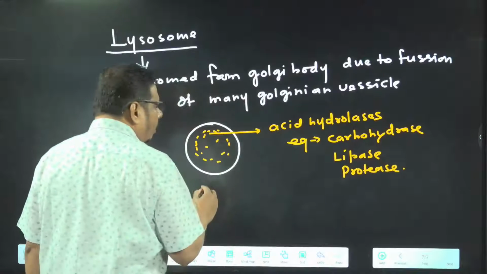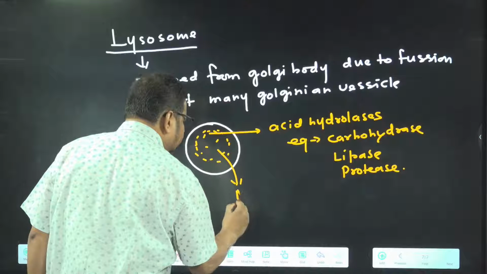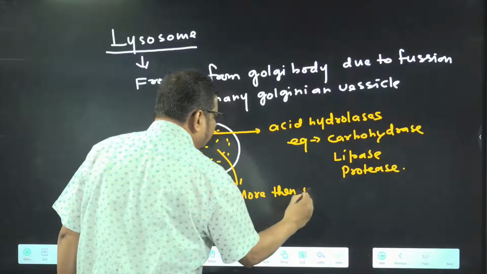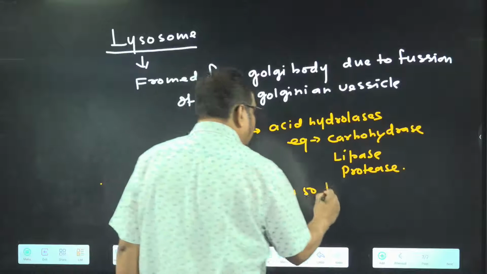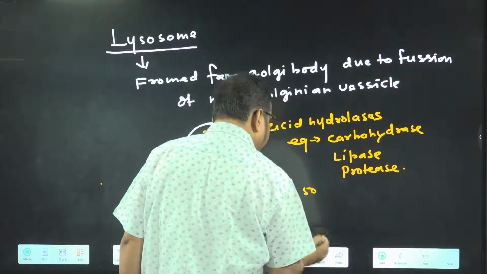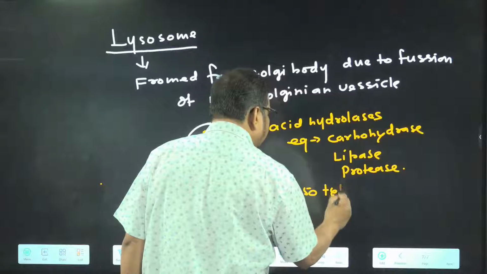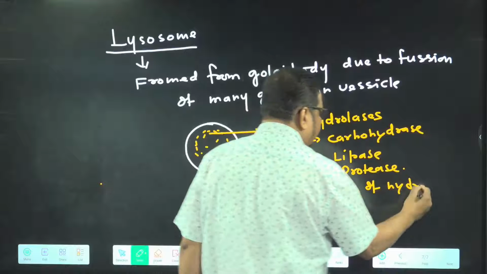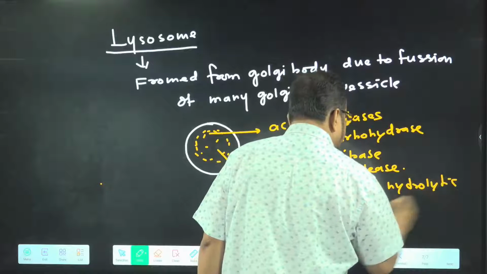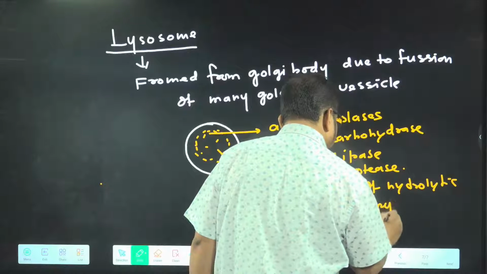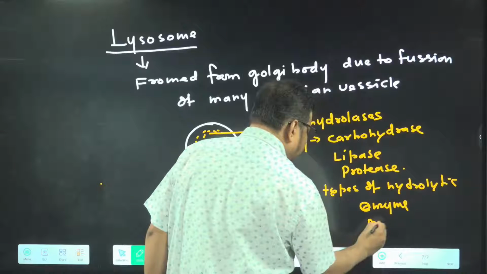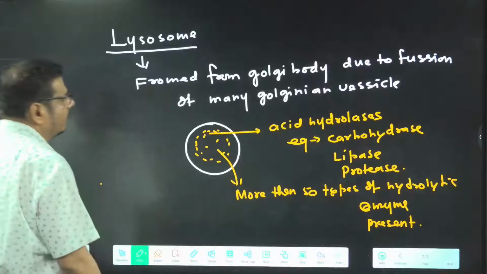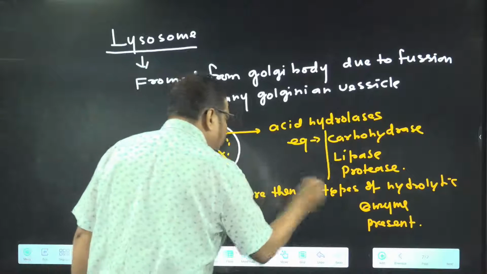So you can talk about more than 50 types of hydrolytic enzymes present in which one? Lysosome. More than 50 types of hydrolytic enzymes. Some of the examples I told here.